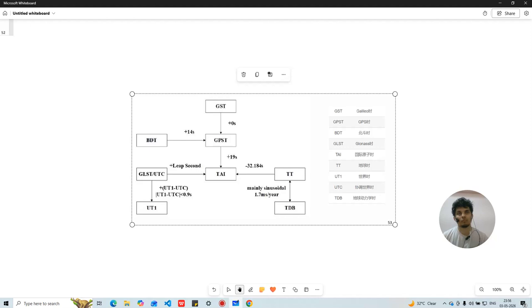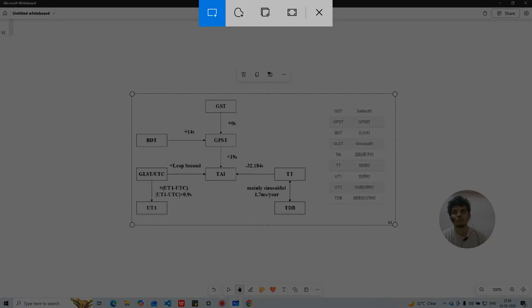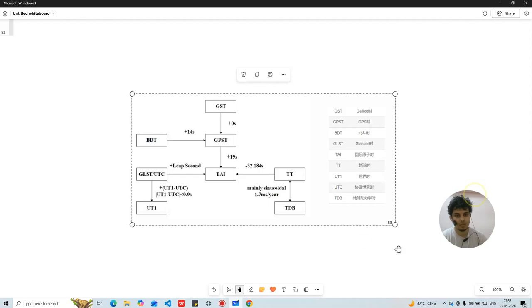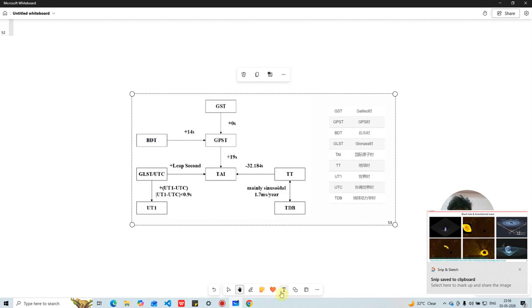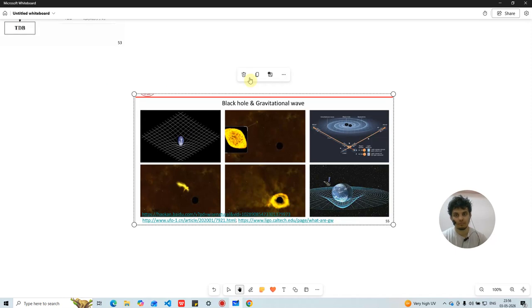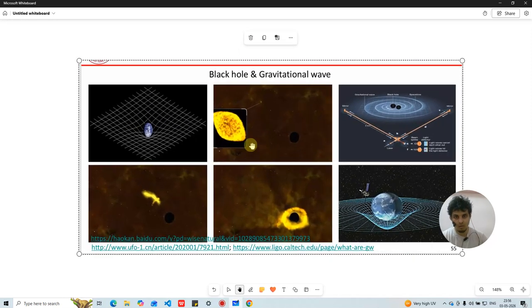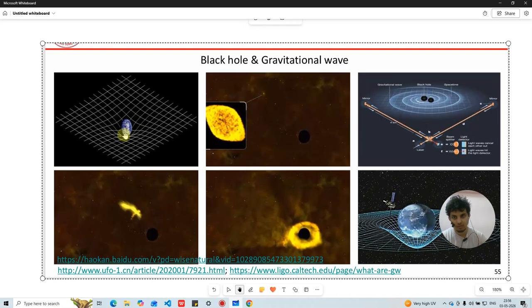Curved space-time. You know, space-time is curved. Let me show you how. Black hole, man. Such weird things exist in the universe, like a black hole. See, if Earth is here, space and time is bent.